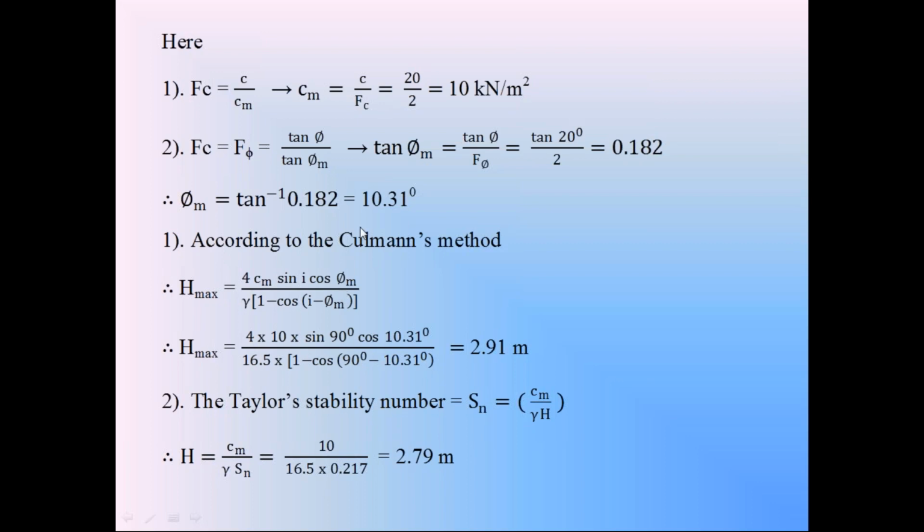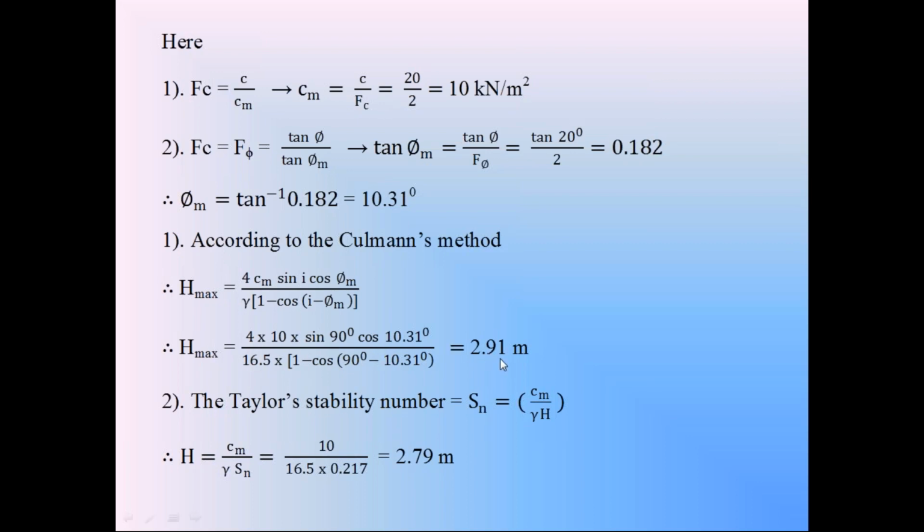We know this phi m value, 10.31 degrees. Substitute them. You know this gamma value given in the problem, and we know i and phi m. Substitute them. You will get the maximum height of vertical cut in this problem as 2.91 meters.